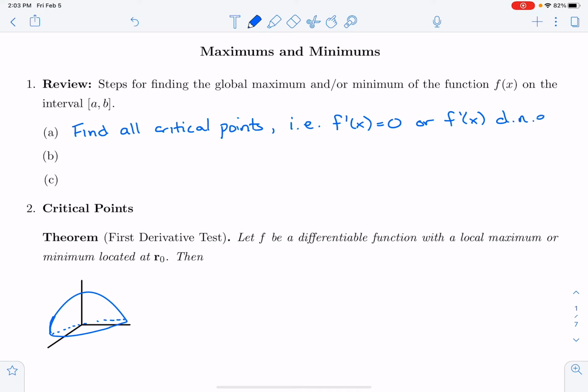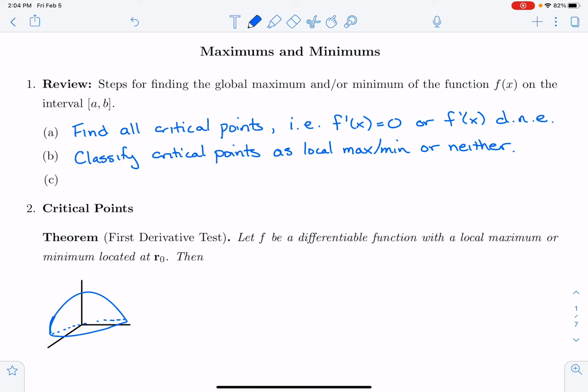Now, once we found those critical points, we're going to classify critical points as local maximums, minimums, or neither. And you may recall doing this using a first derivative test or a second derivative test.